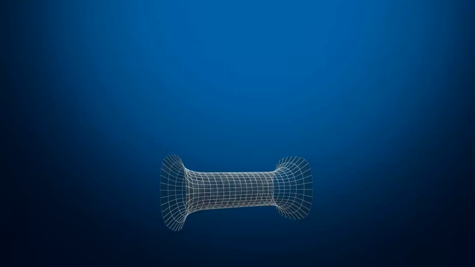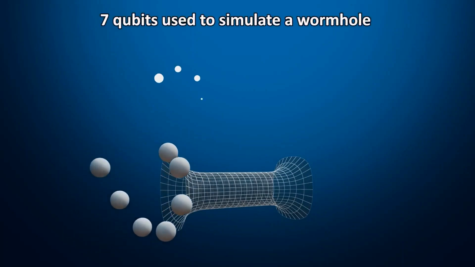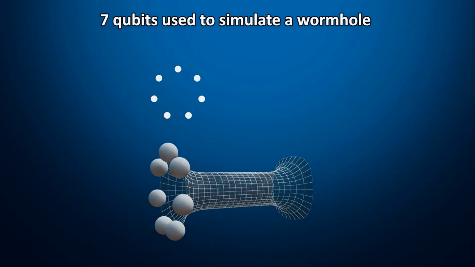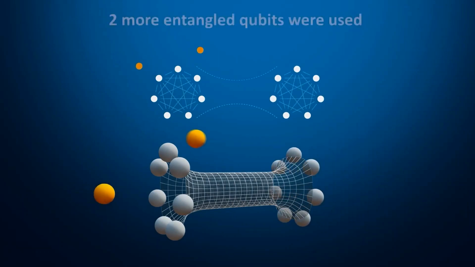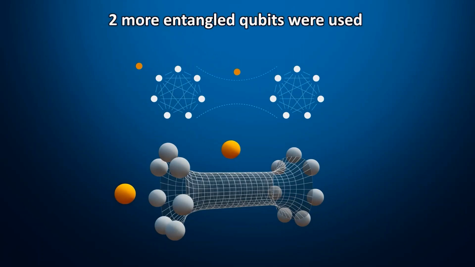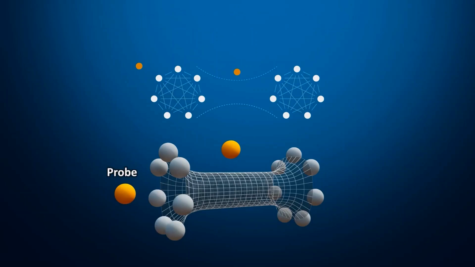The 7 qubits simulated a wormhole consisting of 7 pairs of particles. One set of particles acted as the entrance of the wormhole, and the other entangled set acted as the exit of the wormhole. 2 more maximally entangled qubits were used in this experiment, bringing the total to 9. One of these qubits is called a probe, and the other is called a reference.